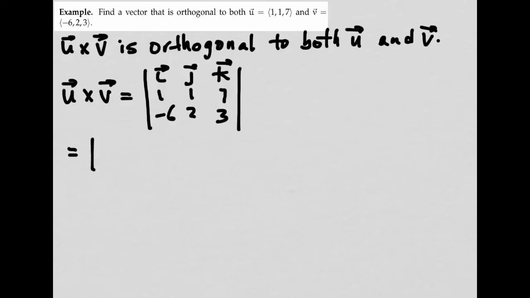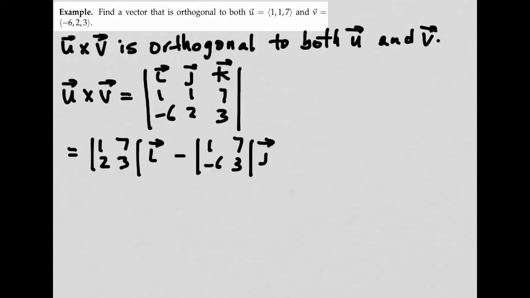That's equal to the 2 by 2 determinant 1, 7, 2, 3 times the vector i, minus the 2 by 2 determinant 1, 7, minus 6, 3 times the vector j, plus the 2 by 2 determinant 1, 1, minus 6, 2 times the vector k.